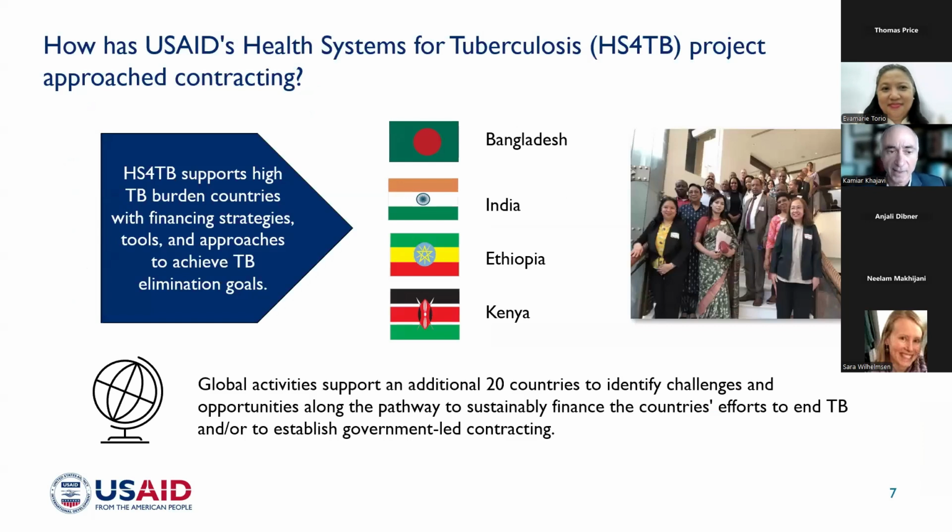I'd just like to say in 60 seconds what we do in HS for TB. The project is coming into its 5th year now. We work in different areas of finance and governance for tuberculosis. We've been working in Bangladesh, India, Ethiopia, Kenya. The work we've done so far has touched PFM, domestic resource mobilization, contracting out.